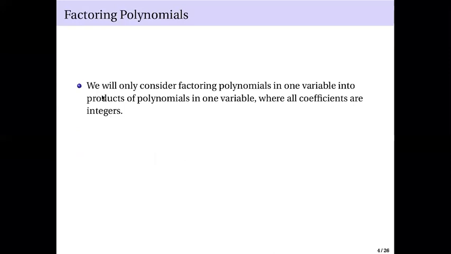Now, in here, we will only consider factoring polynomials in one variable. Okay? In this particular lecture. And then we factor these polynomials into products of polynomials, also in one variable. But take note of this, where all the coefficients are integers.